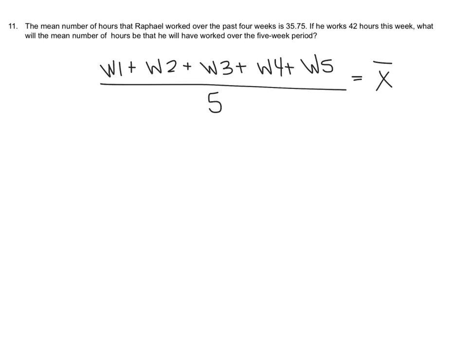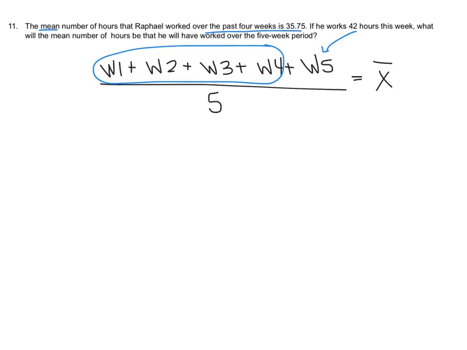Now, we want to know what the sum of week 1 plus week 2 plus week 3 plus week 4 is, because we're given week 5 is 42, but we want to find the sum of week 1 through week 4.